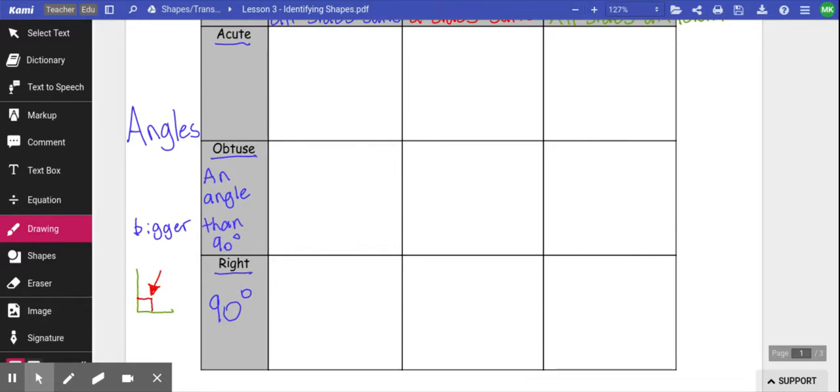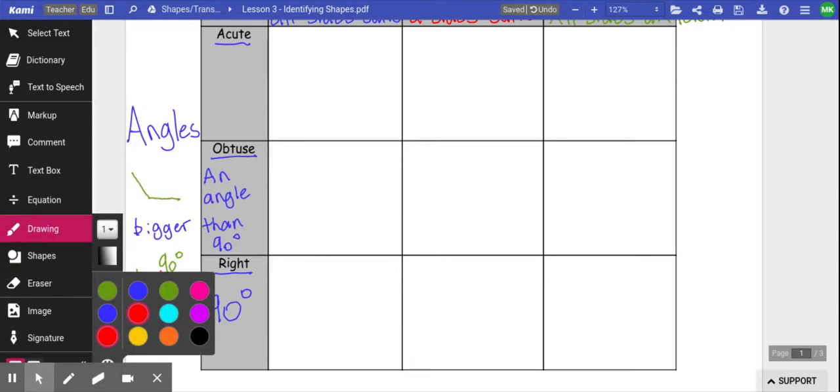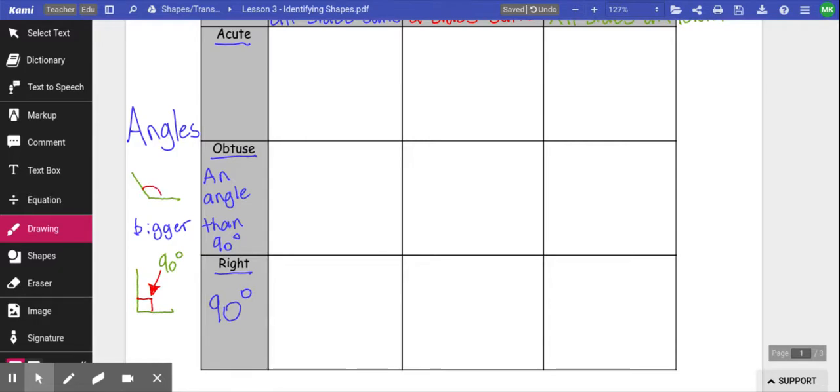So somewhere in your triangle, you have an angle that measures greater than 90 degrees. If you're looking to draw something like that, if below we have our 90-degree right here, bigger means it would open wider. So something like this would be a bigger than 90-degree angle because it opened up wider than the 90 degrees below.